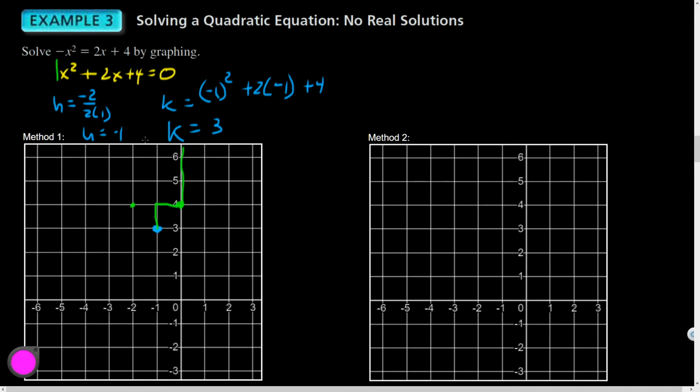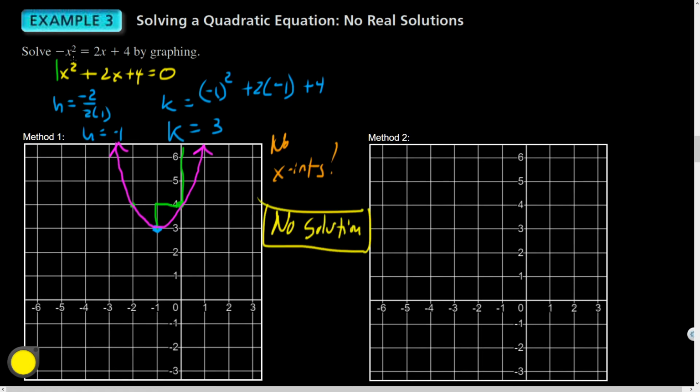Now, the point is when I graph this, notice what are the x-intercepts? There are no x-intercepts. Therefore, no solution. There are no real solutions to this problem.